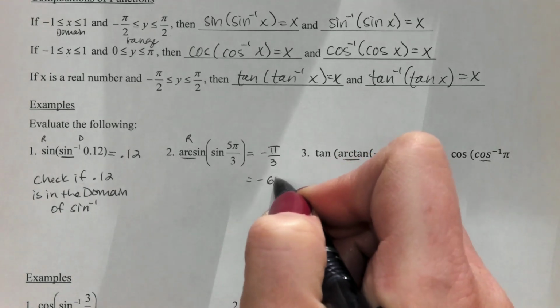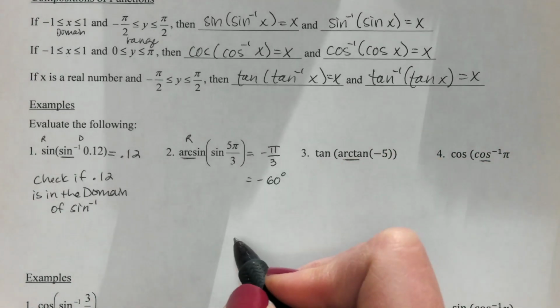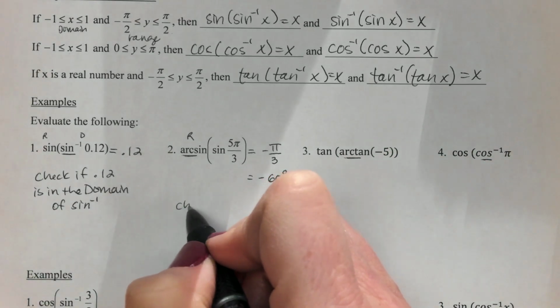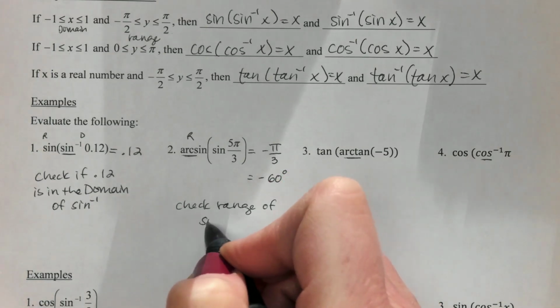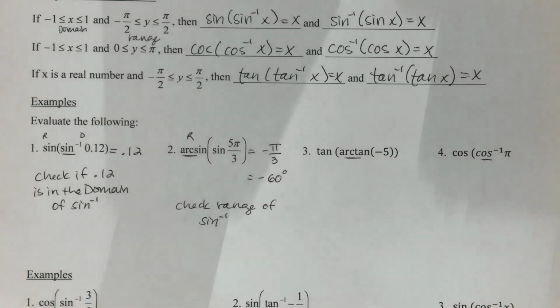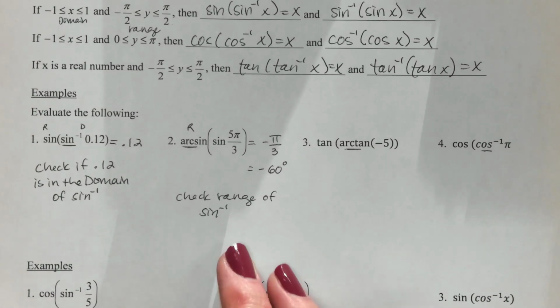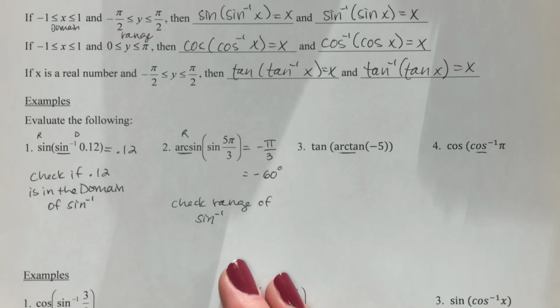You could also say -60 degrees. Either of those would work. And here we had to check the range of sine inverse to make sure that 5 pi over 3 would work. You probably want to add to your notes that 5 pi over 3 wouldn't work. It's too big. It's 300 degrees. So we just had to name it as a negative going the other way.